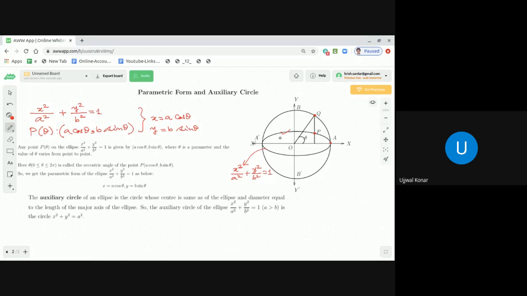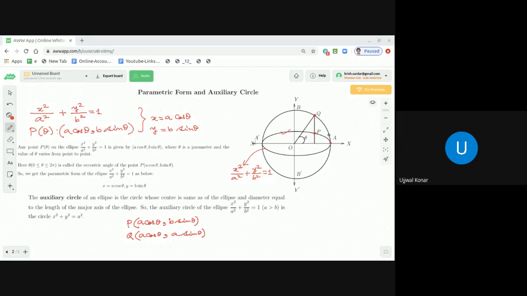So what I wanted to mean is that if we get the coordinate of the point P as a cos theta comma b sin theta, then the corresponding point Q is a cos theta comma a sin theta, and that point Q is on the auxiliary circle, and the point P is on the ellipse.